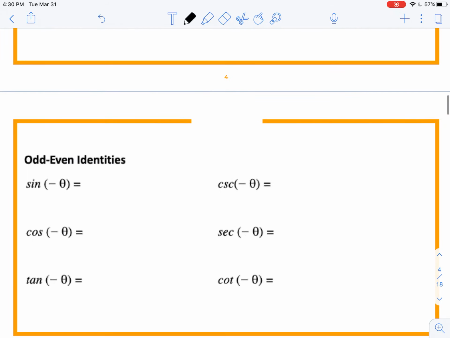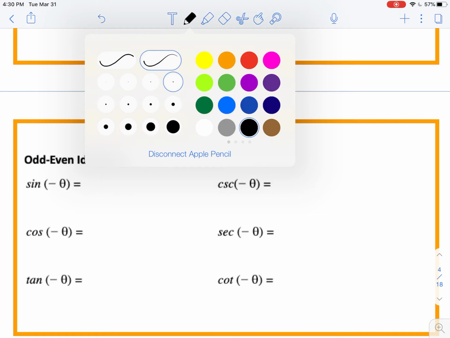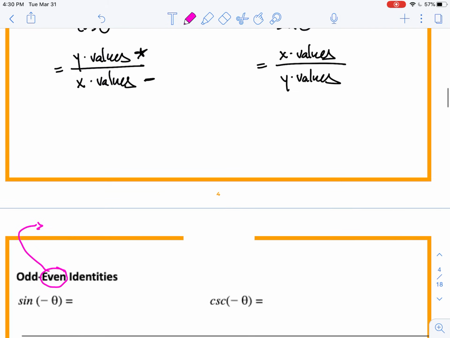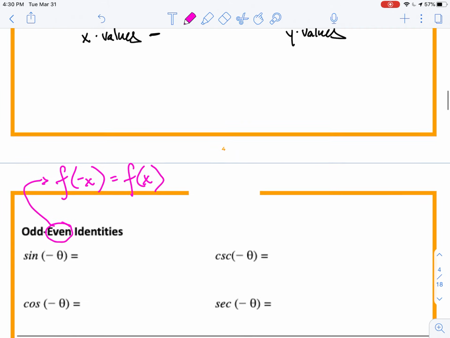Let's move on to our even and odd identities. And we're going to start with even identities, and we're going to start with a definition. So anytime a function is even, you know that f of negative x equals f of x.